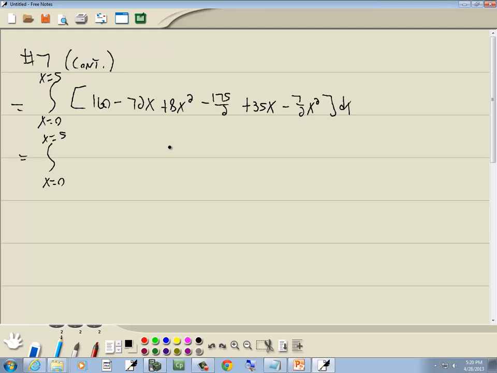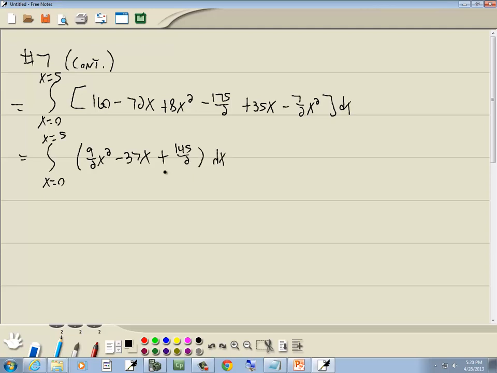Negative 72x plus 35x gives us negative 37x. 160 is 320 over 2. 320 minus 175 is 145 over 2. Is that negative or positive?